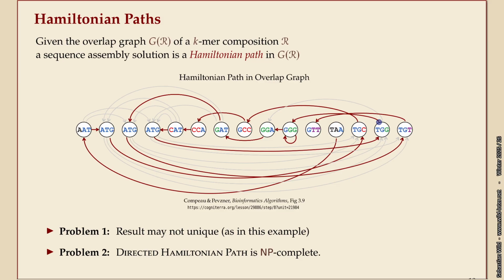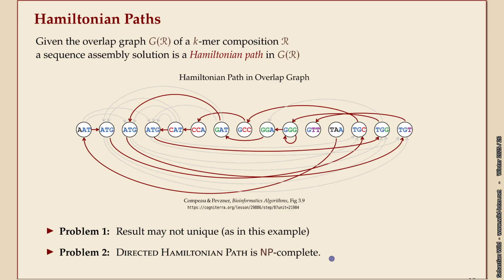We'll have to live with that. There's essentially some limitation of the kind of data we have. Again, this is not so much a concern for practical inputs. The reads tend to be so long that this rarely happens. Okay, so this is a little problem. Result may not be unambiguous.